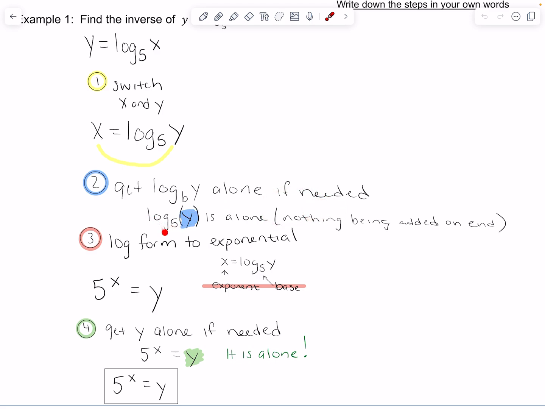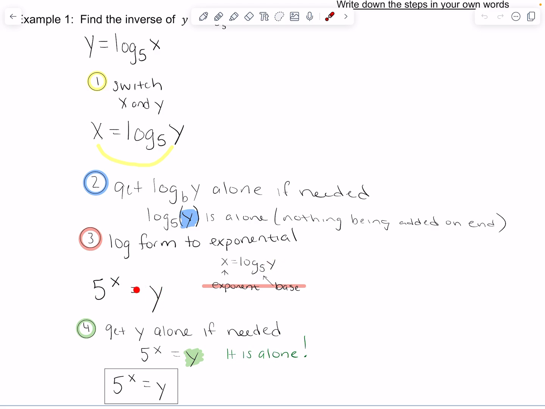In this case, because it's just log base 5 of y, I'm able to go directly to step 3, which says to put my log form to exponential. Remember, the equals x represents your exponent, and the basement number is your base. So I've got my base of 5, my exponent is x, and the other item is y.